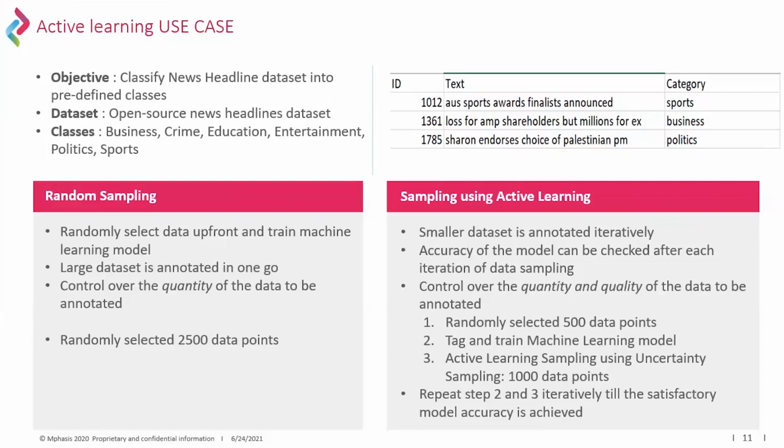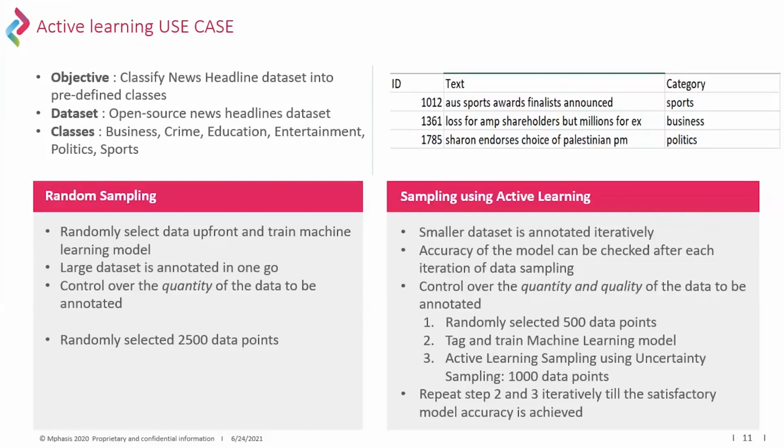If you want to build a machine learning model from here, we can have two approaches. The first one is to randomly select a substantial amount of data from the unlabeled data, annotate those data points and train a machine learning model. With random sampling, the user has control over the quantity of the data that he wants to select. And the second approach is using active learning.